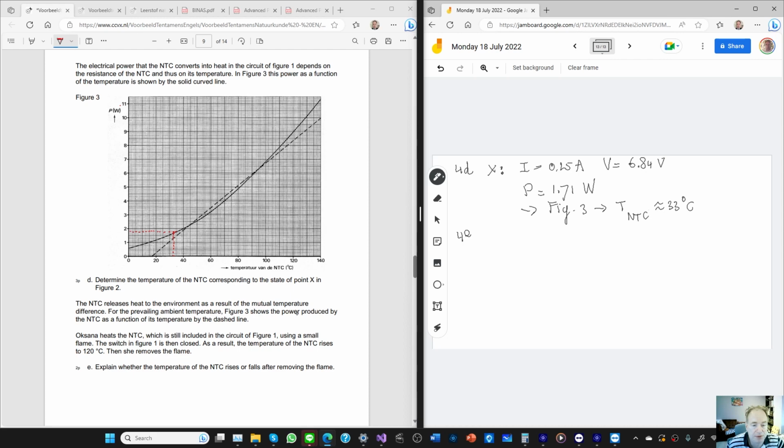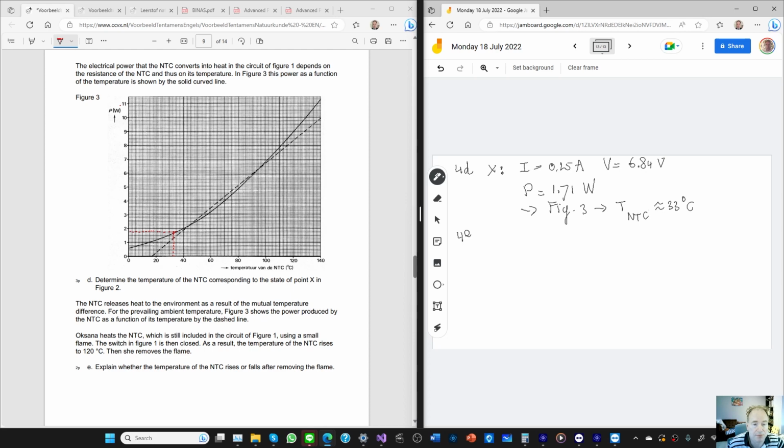Figure 3 shows the power produced by the NTC as a function of its temperature by the dashed line. So the ambient temperature gives a differential with the temperature of the resistor itself. And because of the temperature gradient, some heat transfer will happen. And then from figure 3, you can read off how much heat is dissipating to the environment.